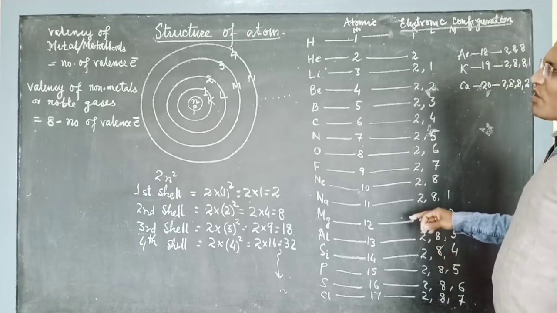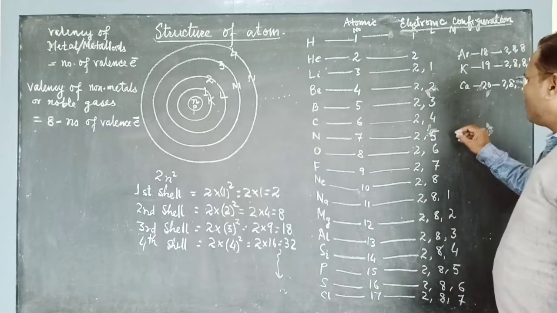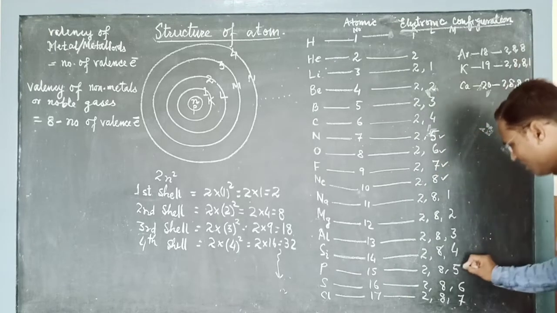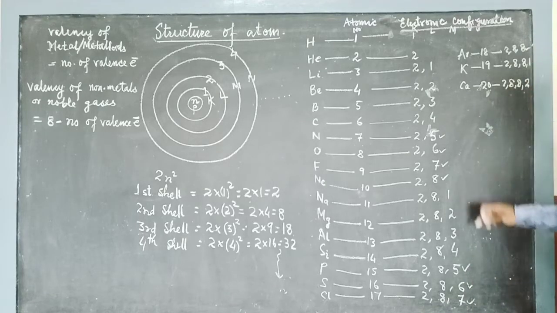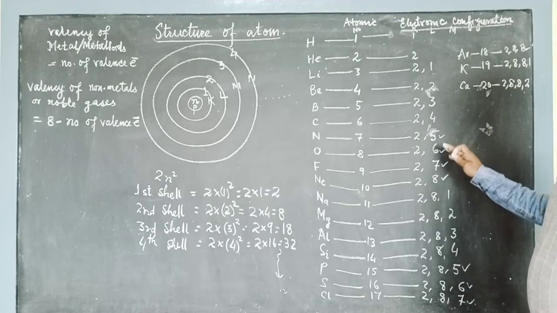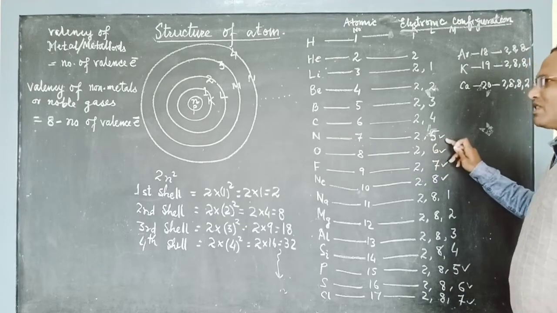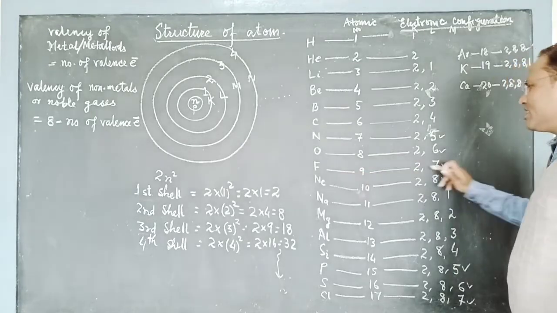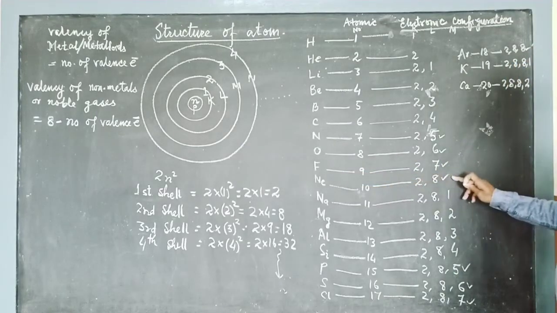But in the case of non-metals we have 5, 6, 7, and in noble gases we have 8. In these cases the valency will not be equal to the valence electron. Valency will be 8 minus. For example, the valency of nitrogen is 8 minus 5, 3. Oxygen is 8 minus 6, 2. Fluorine is 8 minus 7, 1. Neon is 8 minus 8, 0.